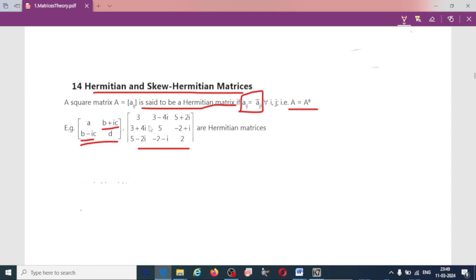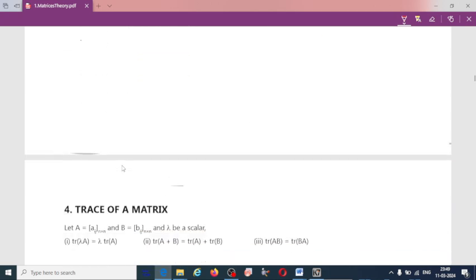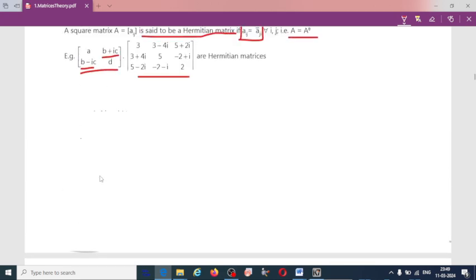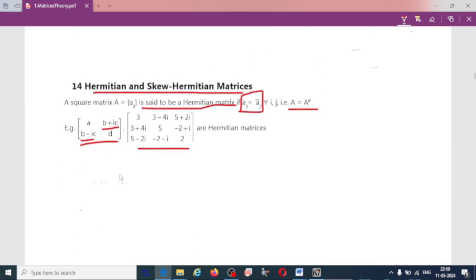This is a Hermitian matrix, Aij equal to Aji bar. For a skew Hermitian matrix, the definition is Aij equal to minus Aji bar.